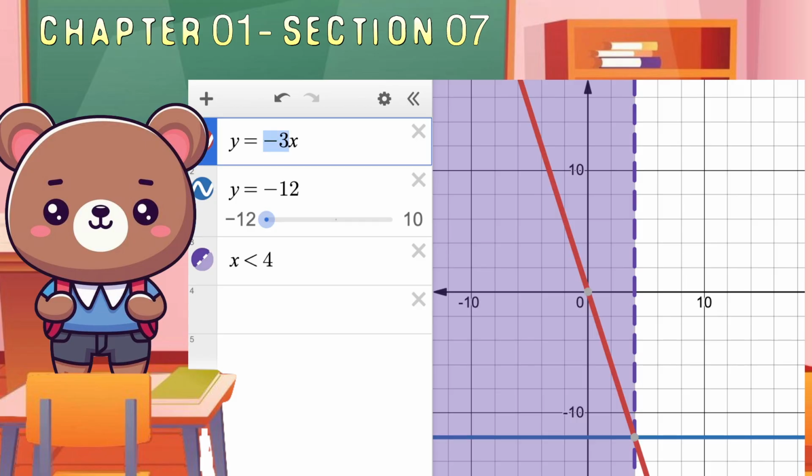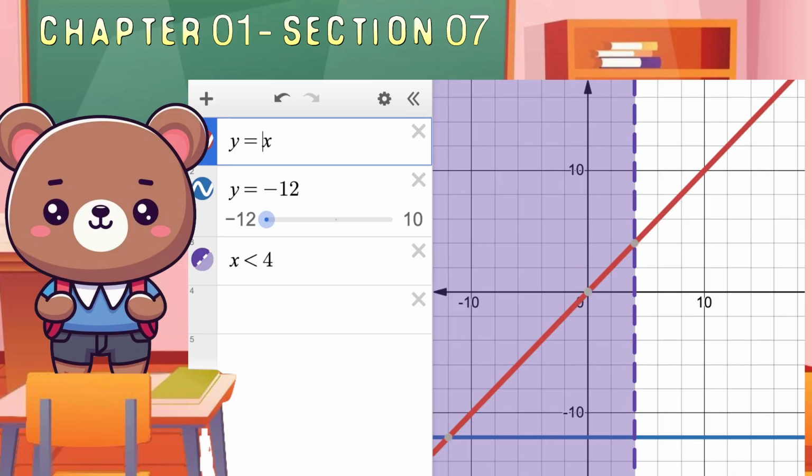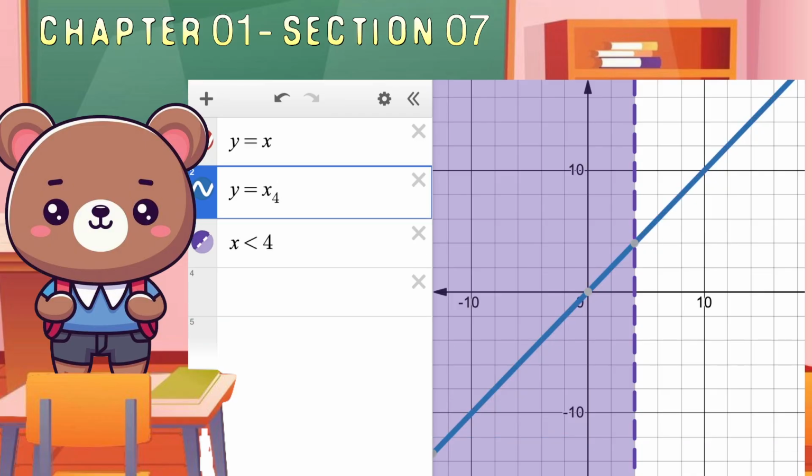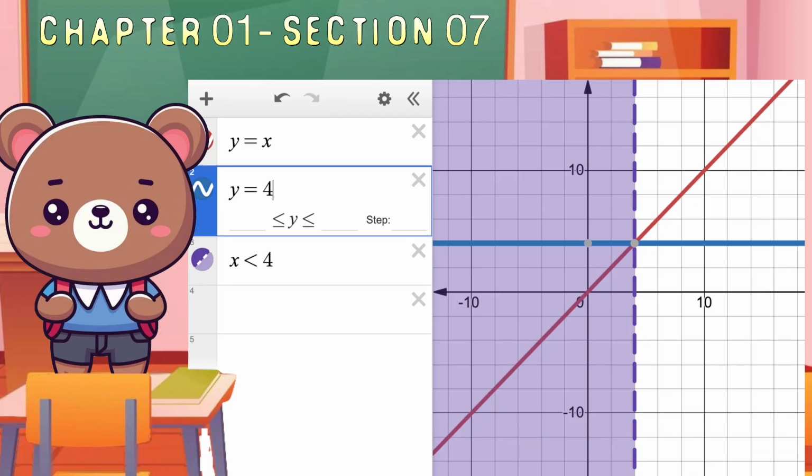So this one became just x, and this one became positive 4. And you see, that's why my sign has to flip, because now my line that was decreasing is now an increasing line. So now I want to know when it is under in order to have that same answer. That's why I went from greater than to less than. So this is just a visual journey through us solving the inequality.